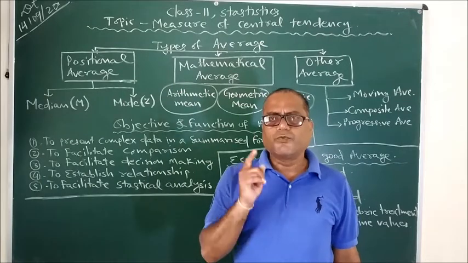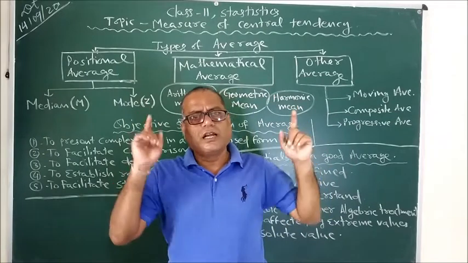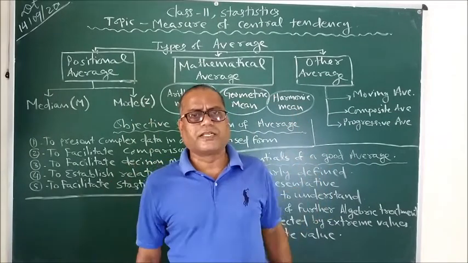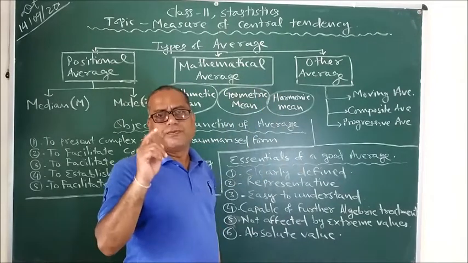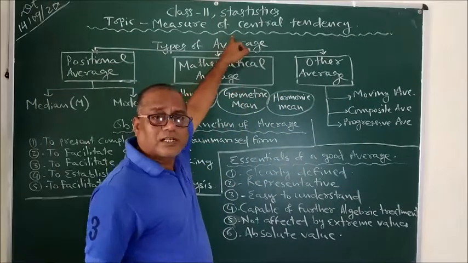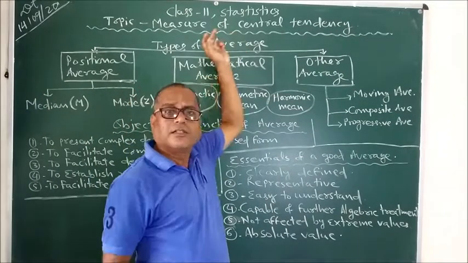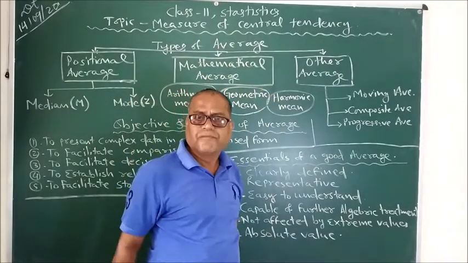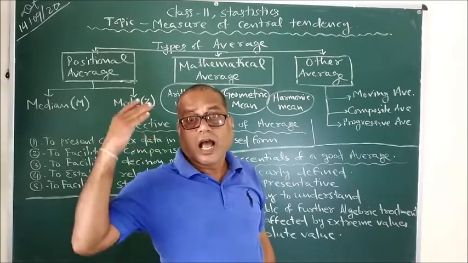That's why we need to find one representative value, a single value that is going to represent the entire set of data. That singular value is called the measure of central tendency, or in simple layman's language, it is an average.